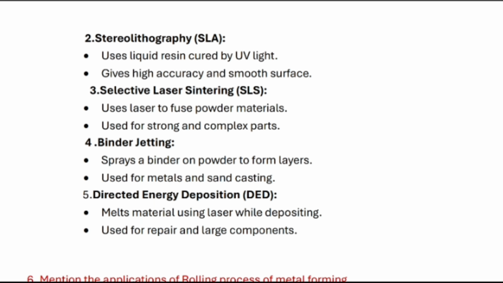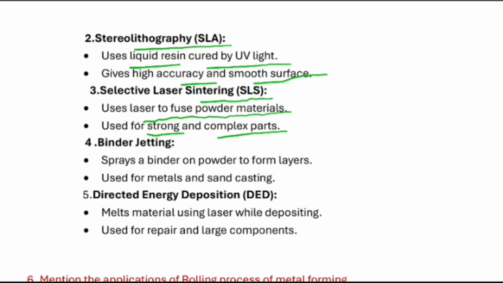stereolithography, in which liquid resin is cured by UV light, giving high accuracy and a smooth surface. Next is selective laser sintering, SLS, where a laser fuses powder material, making very strong and complex parts.